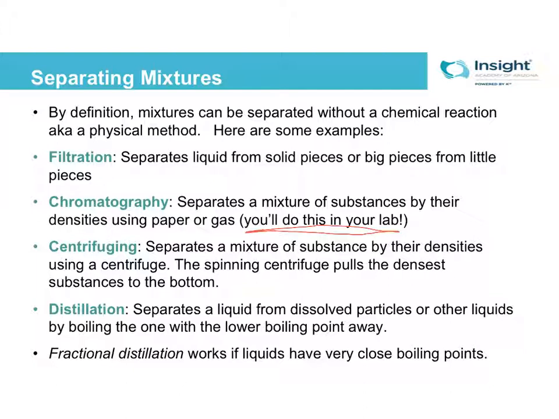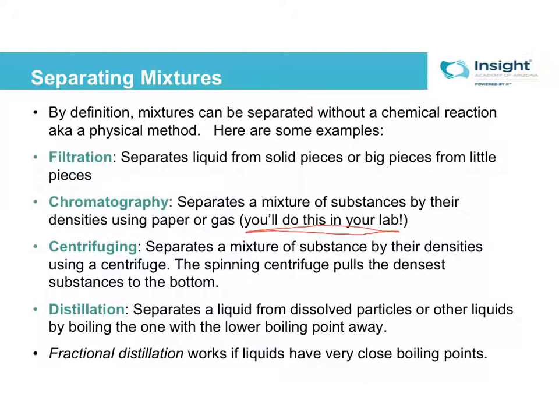And then distillation is a really, really helpful separating method. It plays into the fact that liquids are going to have boiling points that are different than, say, any of the solids that might be dissolved in the liquid, or even if you have a couple of liquids mixed together, they'll probably have different boiling points from each other. So what you can do is boil off the one that has the lower boiling point, and then get the other one with the higher boiling point that won't evaporate at the same time.